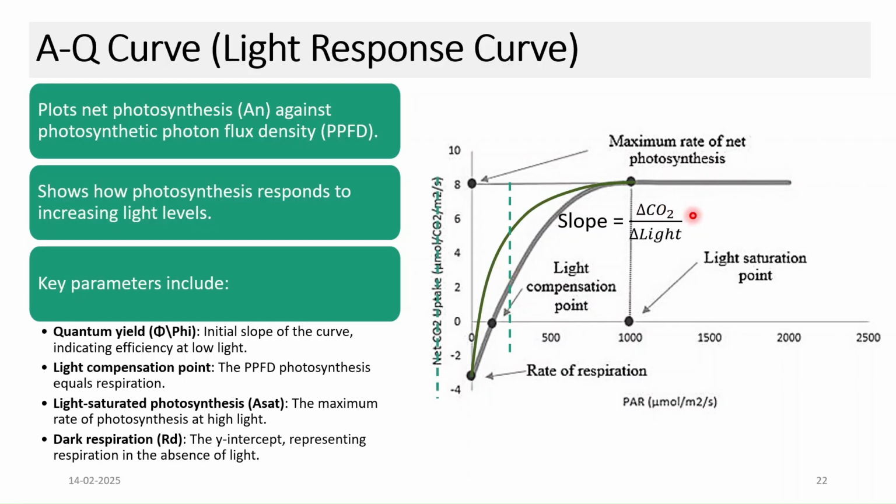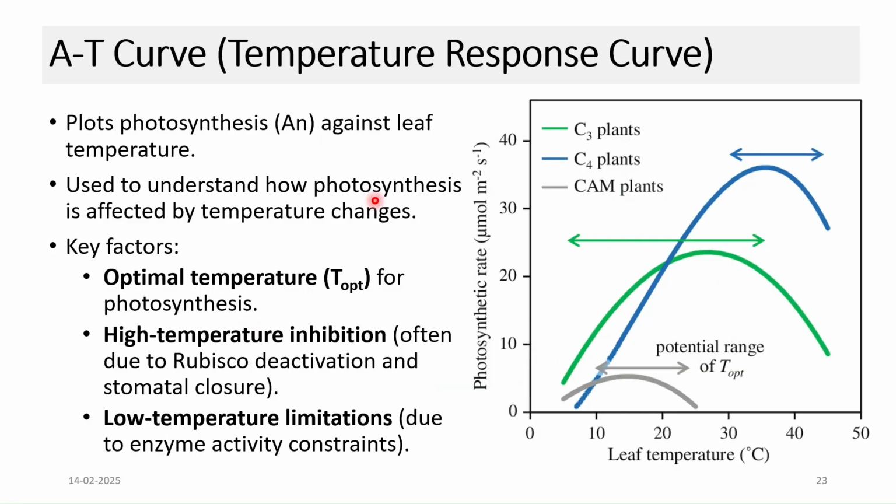So if you find the slope, that is the change in carbon dioxide by change in light, depending on that value, we can say how efficiently photosynthesis is happening at low light intensities. The next curve is the temperature response curve. The temperature response curve is the rate of photosynthesis varying with leaf temperature, not air temperature.